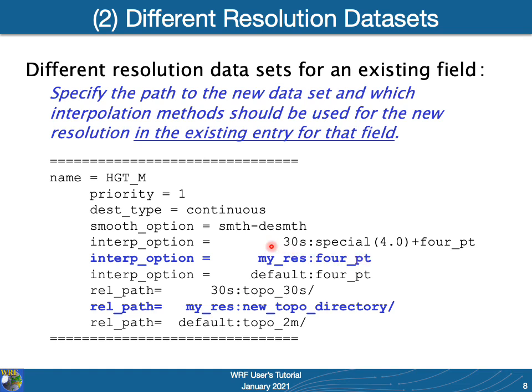You'll notice in this example that we've provided a name here, myres, with a colon before the interpolation option and before the data path. We'll see in one of the examples how we can specify that we want to use myres of topography data rather than 30s resolution data. So the key here is that we need to give a mnemonic or name to our new resolution of data.